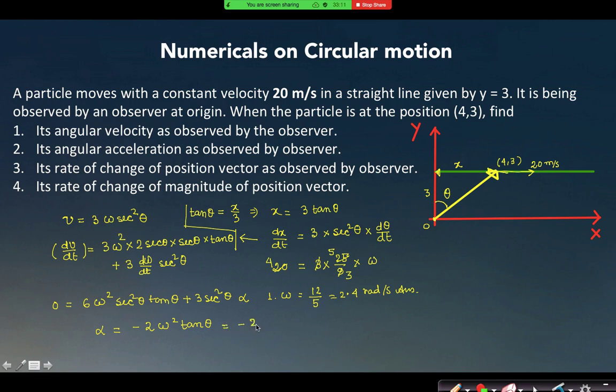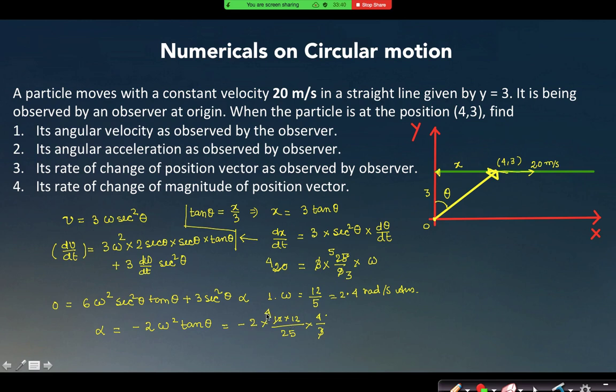So it is minus 2 into omega square, which means 12 into 12 divided by 25, into tan theta. Tan theta is nothing but 4 by 3. We can cancel it with 4, right?